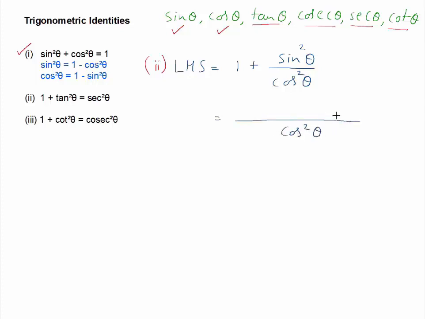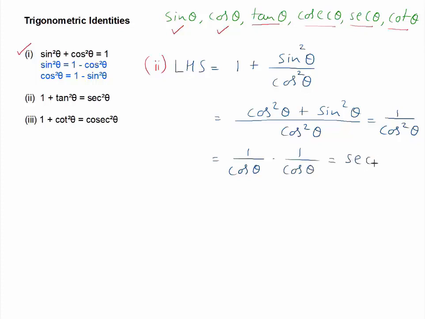Just like we normally solve, here we will get cos square theta and we will get sin square theta. Now this we know is 1, so this will be 1 by cos square theta, which is 1 by cos theta multiplied by 1 by cos theta, which is sec theta times sec theta, which is sec square theta, equals RHS. Hence proved.